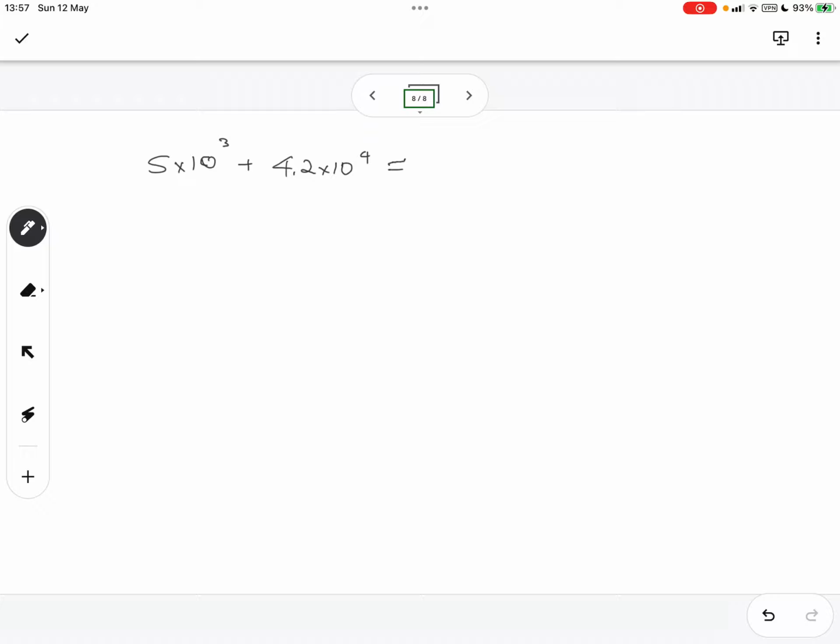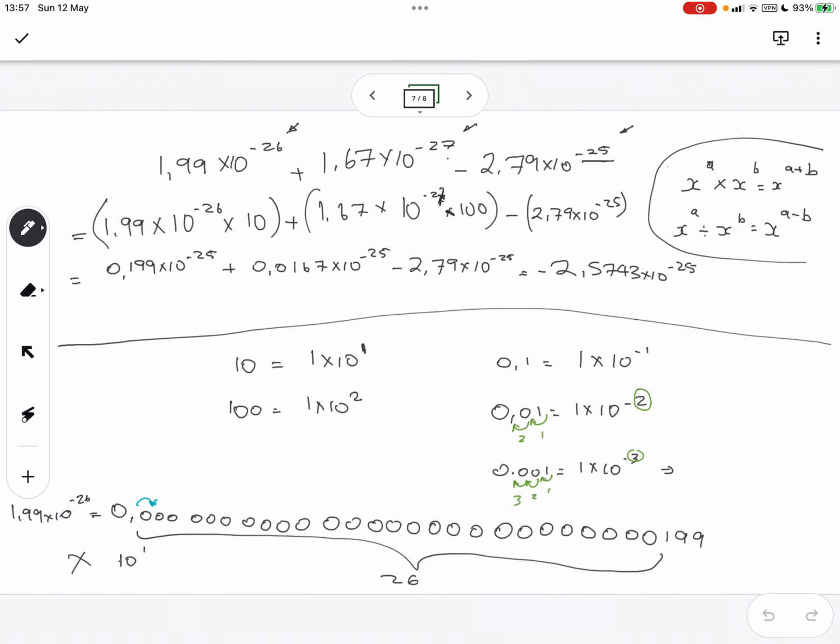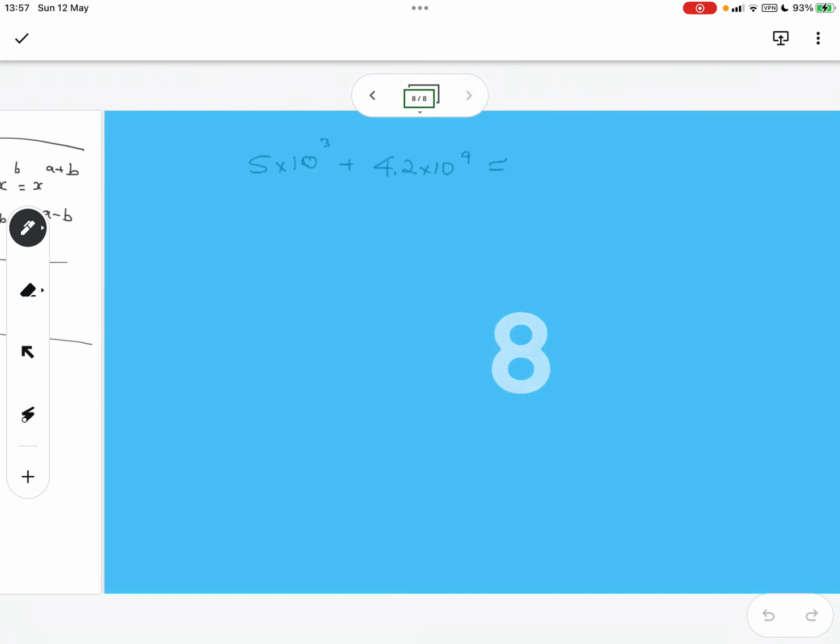So we want to make sure that these exponents are the same. In the other one we multiplied so that we can add the exponents.